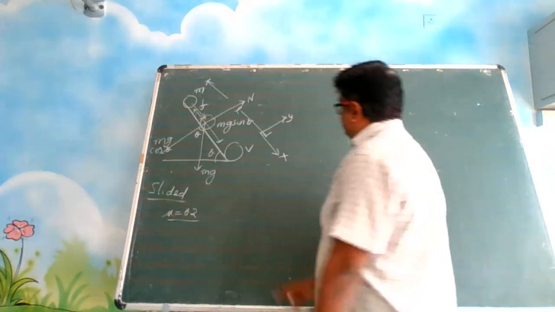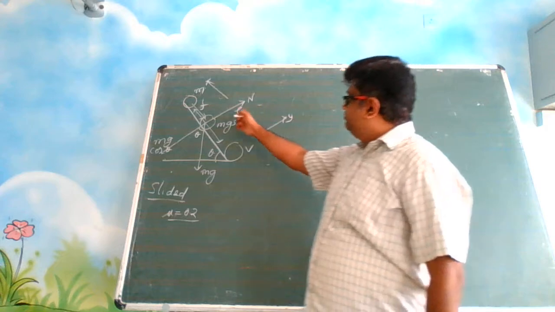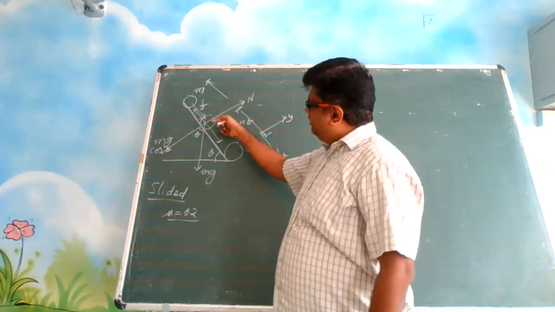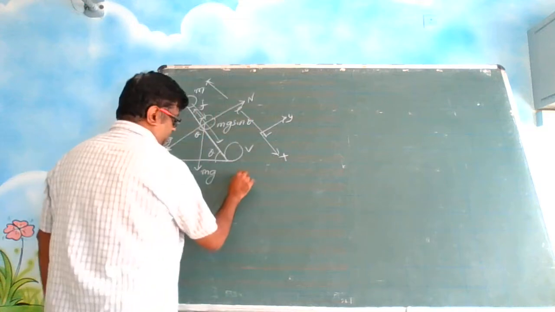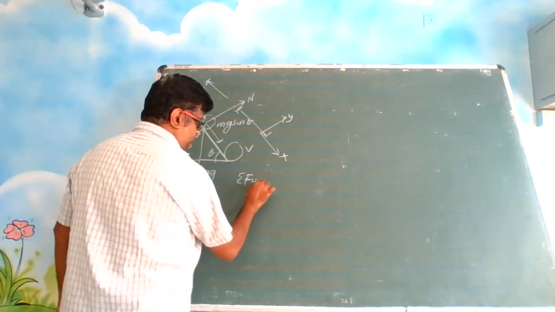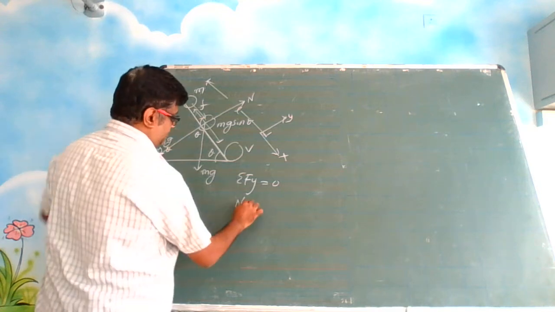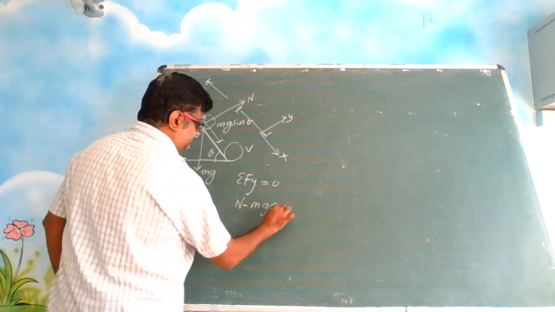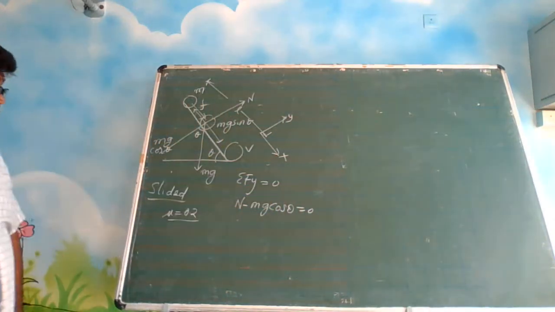So what did I say now? In the Y direction, there is equilibrium. What forces are there? N is acting upward, mg cos theta is acting downward. So sigma Fy is equal to 0: N minus mg cos theta is equal to 0.